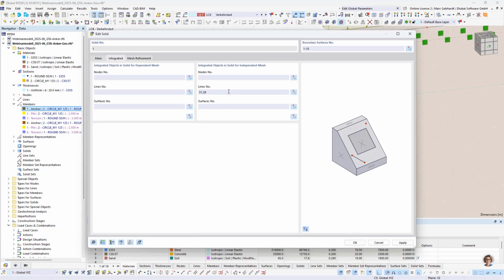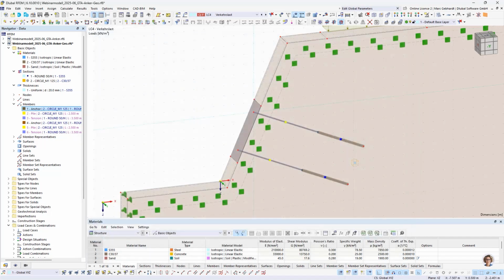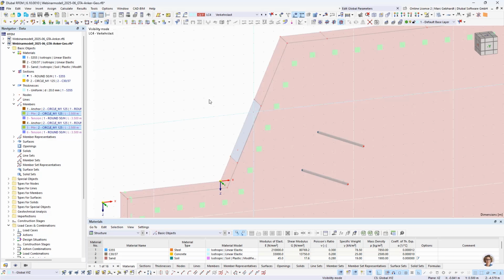You see here the integrated objects for the solids, for the independent mesh. These are the lines for the pile types. And so they get also a mesh refinement according to their thickness, and it's easy by using them.